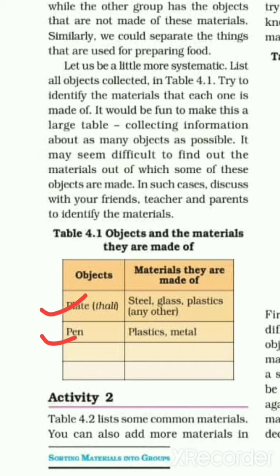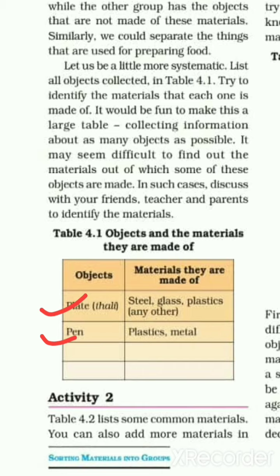If we talk about bucket, so bucket is made up from plastic, brass, steel, aluminium. Brass is one type of metal. The next example is chair. So chair is made up from wood, plastic, iron. If we talk about cupboard, then it is made up of wood, iron.